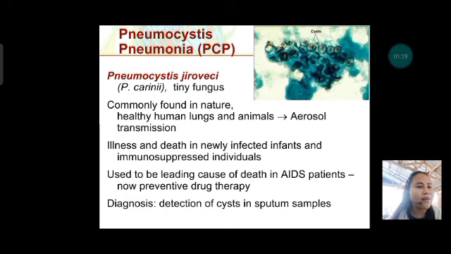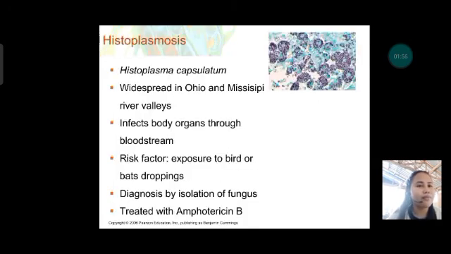It is transmitted through aerosol inhalation and causes illness and death in newly infected infants and immunosuppressed individuals. It used to be the leading cause of death in AIDS patients. Now it has a preventive drug therapy. The diagnosis is through the detection of cysts in sputum samples.